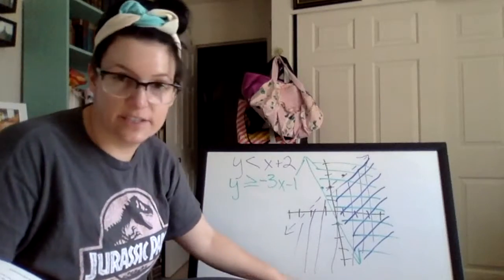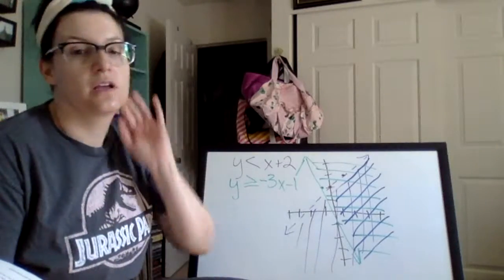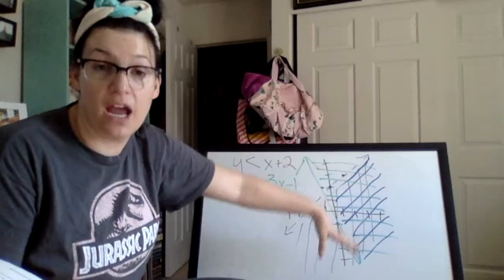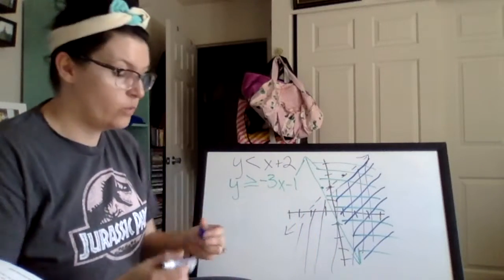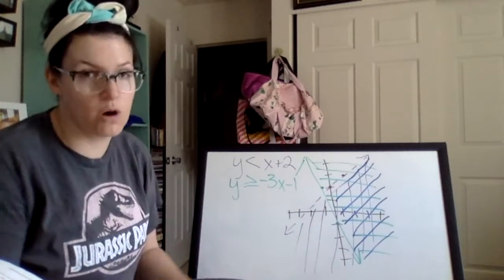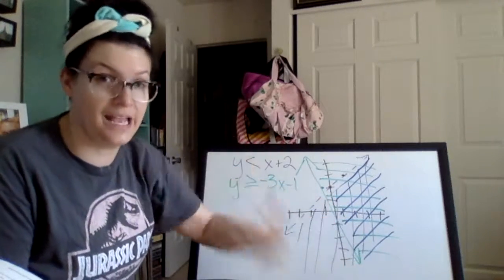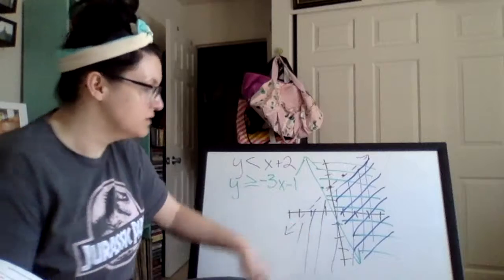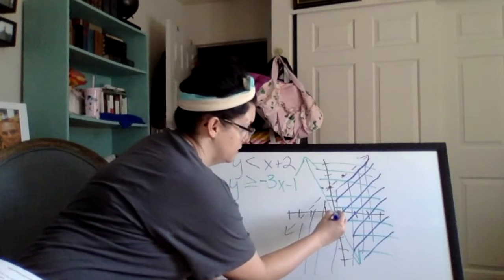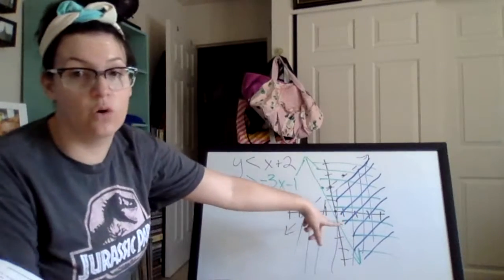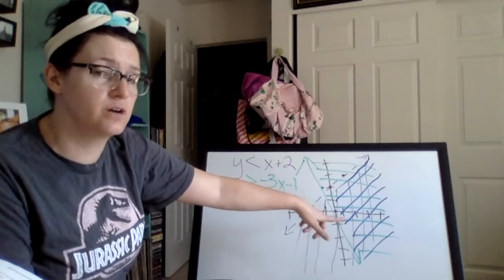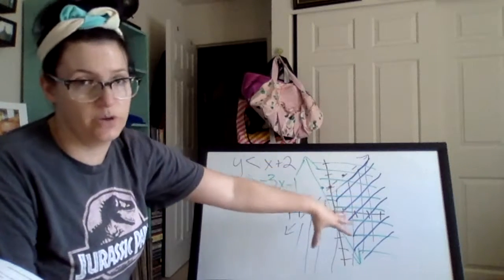So, if you are asked to find a solution, the solution is this entire area. So, when it comes to using coordinates, any coordinate in this region is a solution. So like here, I can see that the origin, the point 0, 0, is in the shaded region.